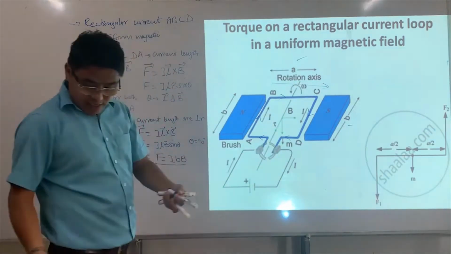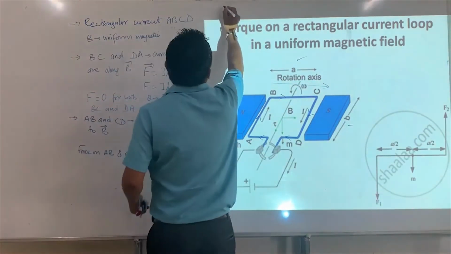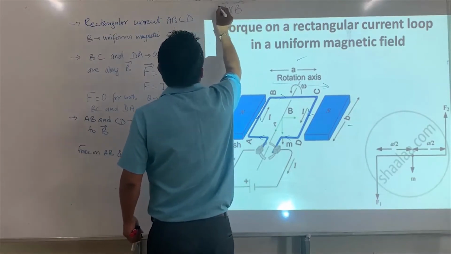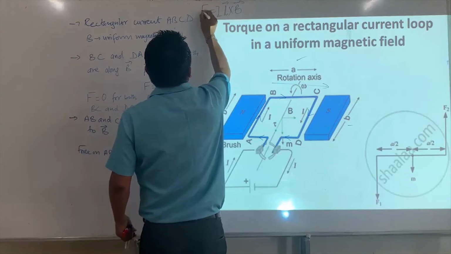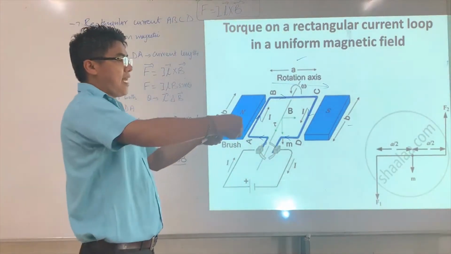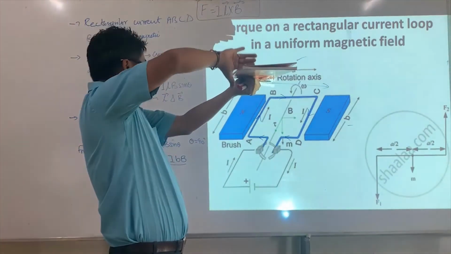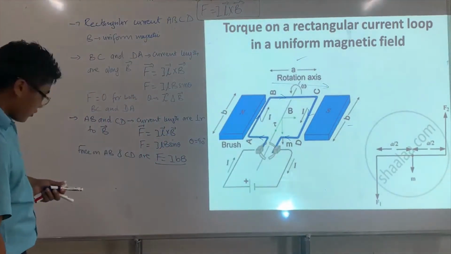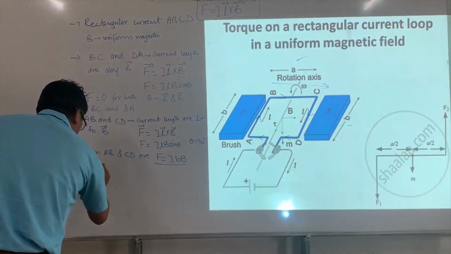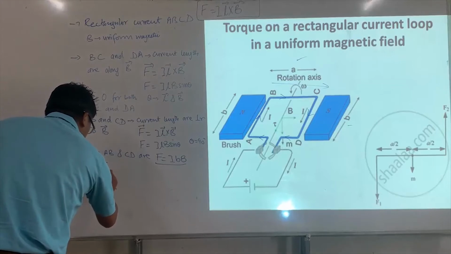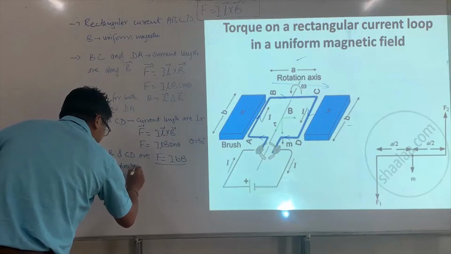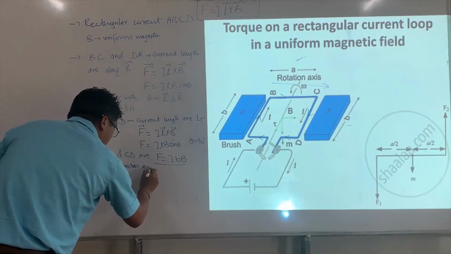So I write L cross B. The current direction here is downward, so for AB the force direction is downward.